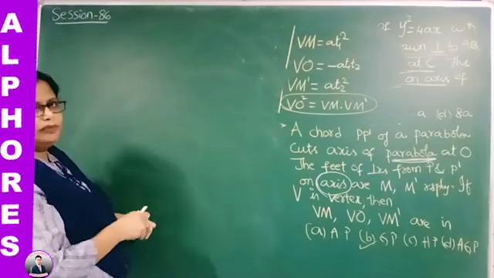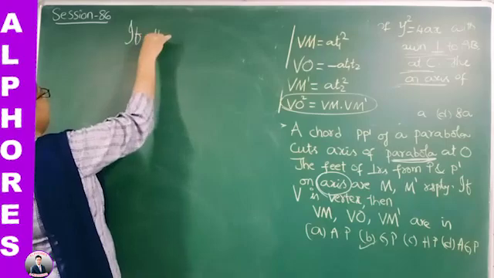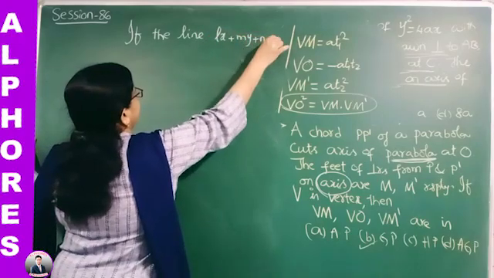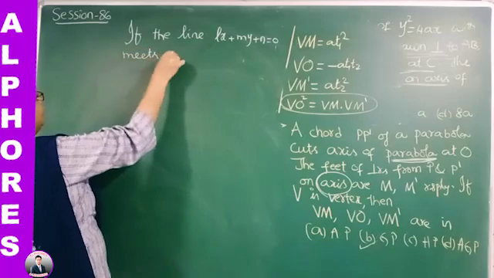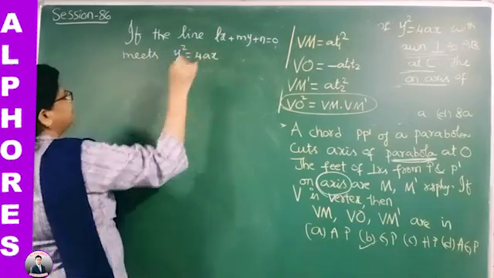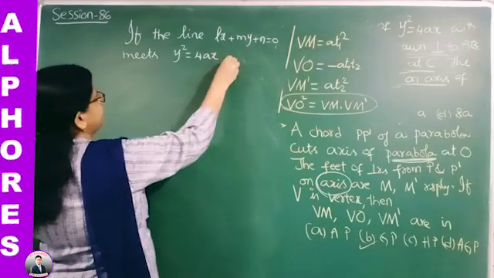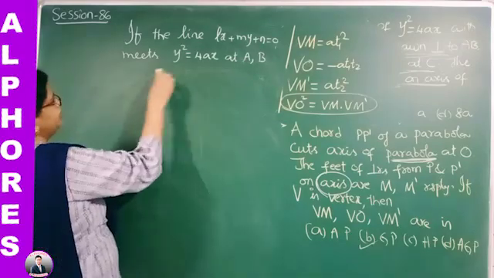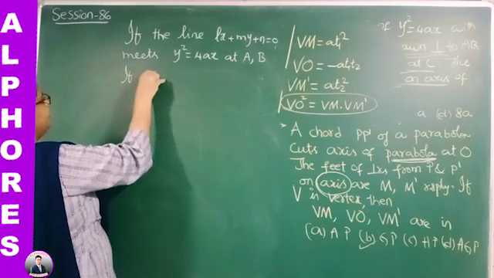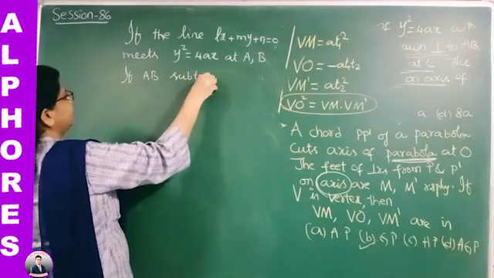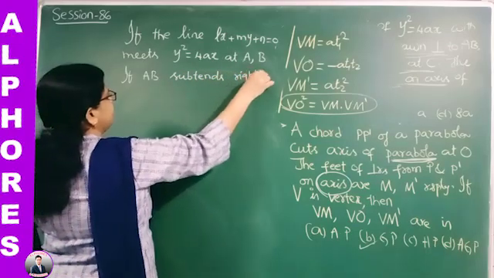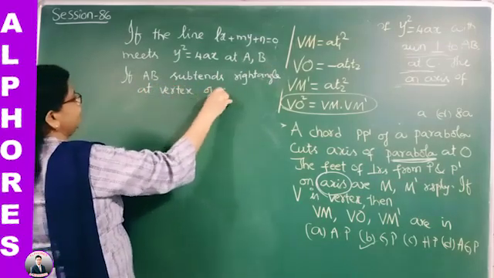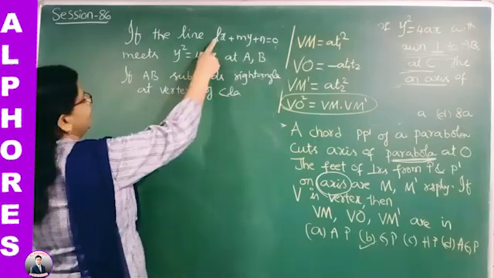So if they give a problem like this, that is, if the line Lx plus My plus n equal to 0 meets the parabola y square equal to 4ax at two distinct points, suppose A and B. Then they will ask, if the line segment AB subtends a right angle at the vertex of the parabola, then they ask about some condition on these a, l, m, n.